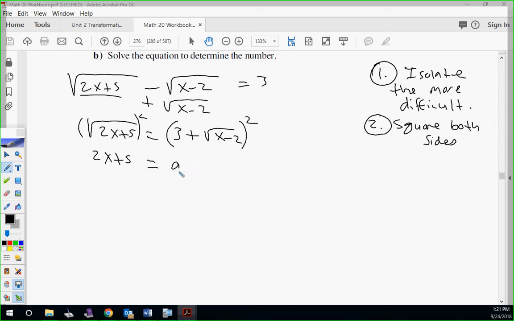It's going to be 9 plus 6 root x minus 2 plus x minus 2. That's on that side there. Maybe say square both sides and simplify. Then step 3, isolate.